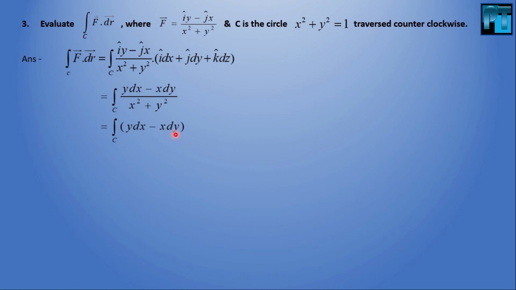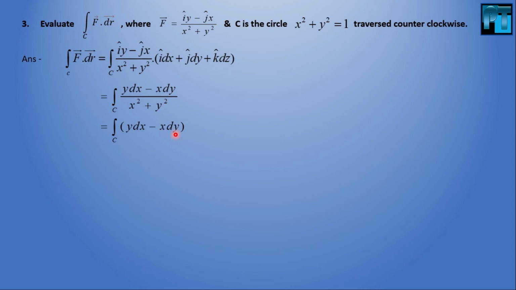Now we can use the parametric form. Why? Because nothing is given here, not even the lower and upper limit. So you have to find the parametric form and the parametric lower and upper limit, then proceed.